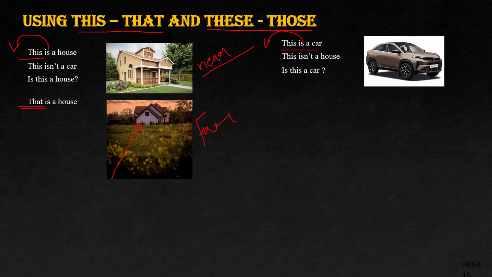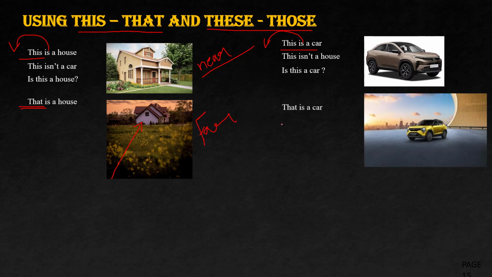Here, that is a house. Here, it is far away, so we take it as that is a car, right? That isn't a car, correct? That isn't a house, right?